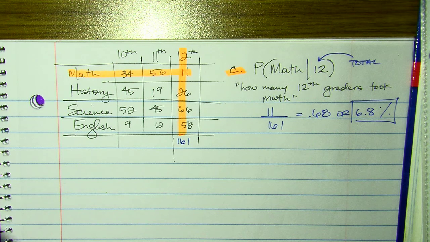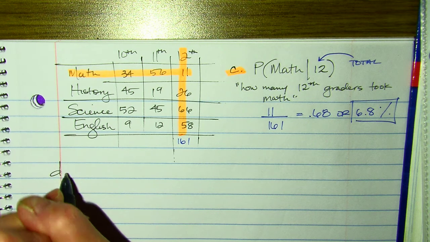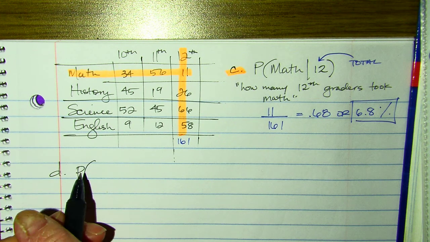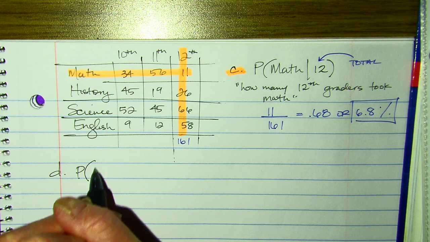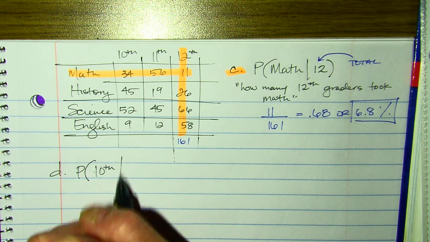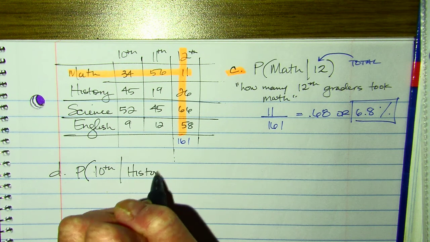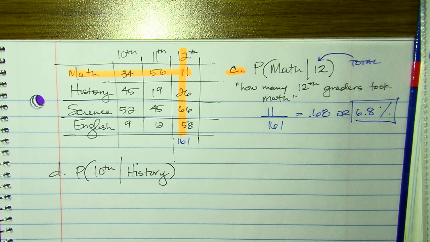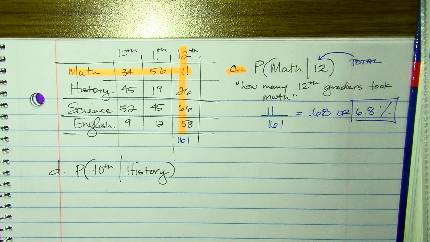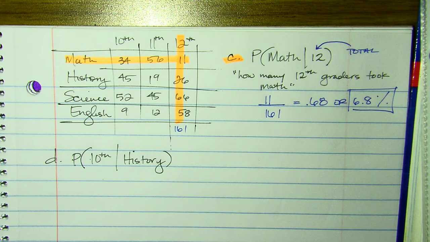All right, what is D? What is the probability that history students are in the 10th grade? Notice I said it backwards of how I wrote it. How many history students are in the 10th grade? So this time I'm looking at, and let me do my total, 45.